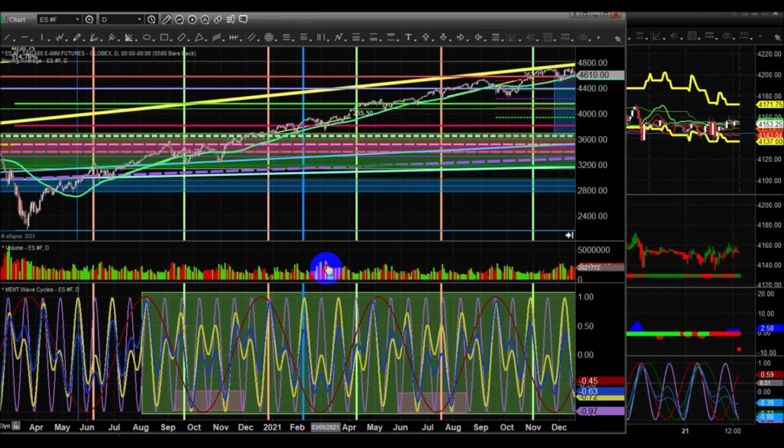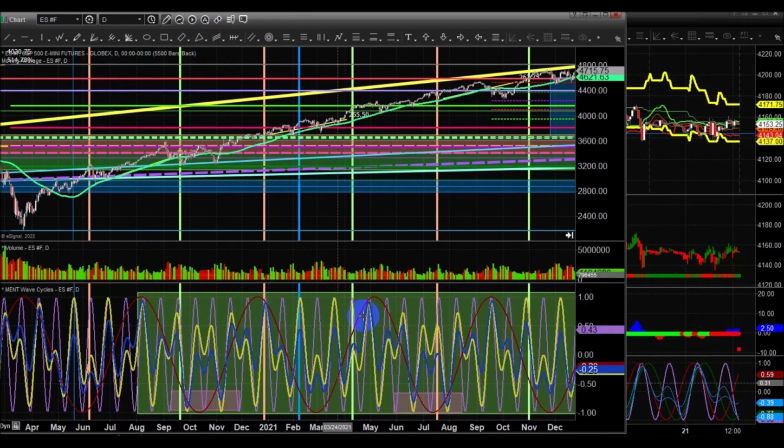Now let's take a look at this, make sure I got the right one. Yep, it looks like it. So we've got the same basic setup indicating right about there, indicating what we are looking for going forward.